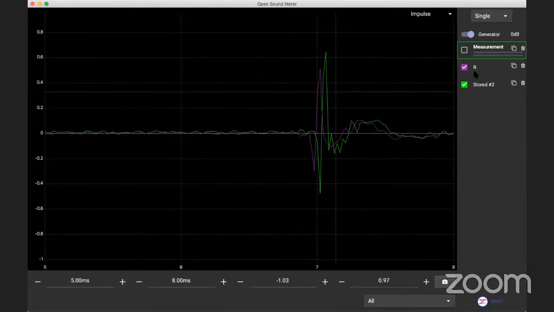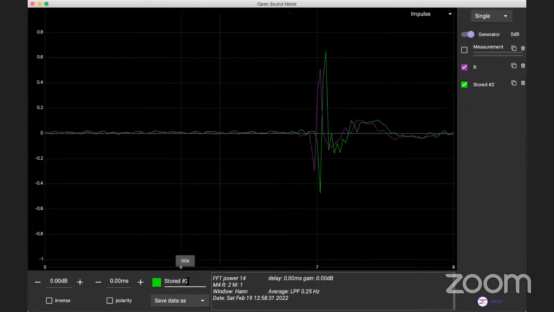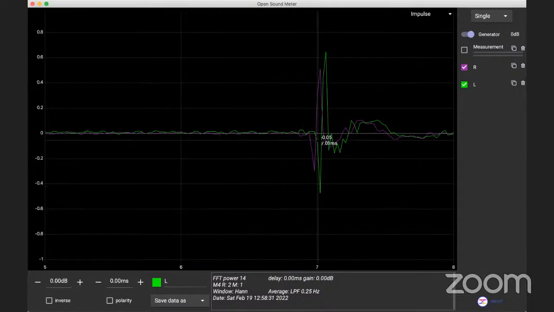The purple measurement is the right speaker and the green measurement is the left speaker. There's a very tiny bit of phase difference, which our ears won't pick out. It will be less than a millisecond, like 0.01 millisecond of a difference.